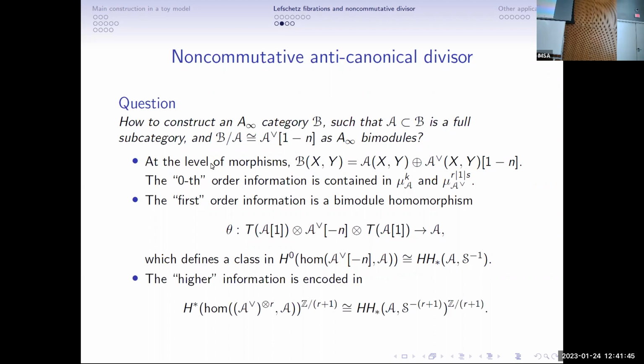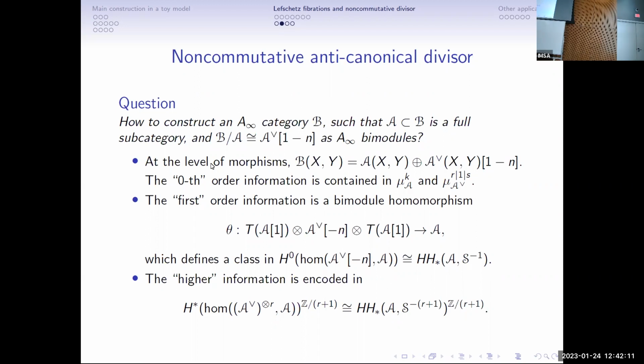And if you iterate on this kind of construction, you will conclude that the higher order information is contained inside this kind of Hochschild homology with coefficients in iterations of the inverse Serre functor, but it actually lands in the equivariant part. So this theory works in characteristic 0.